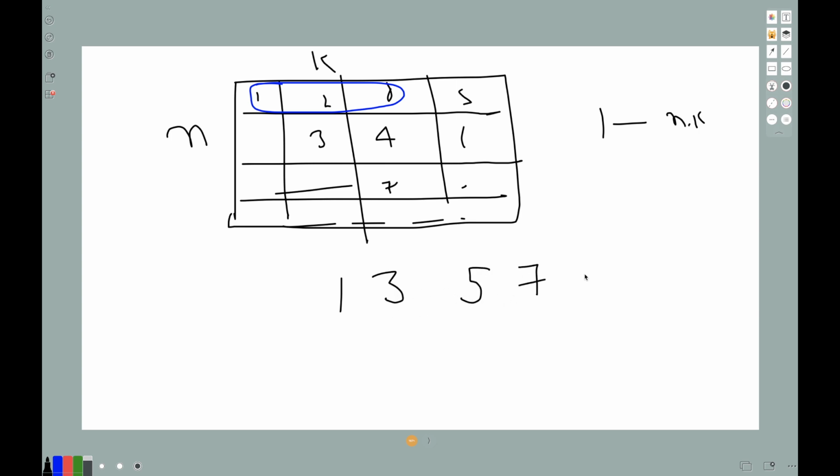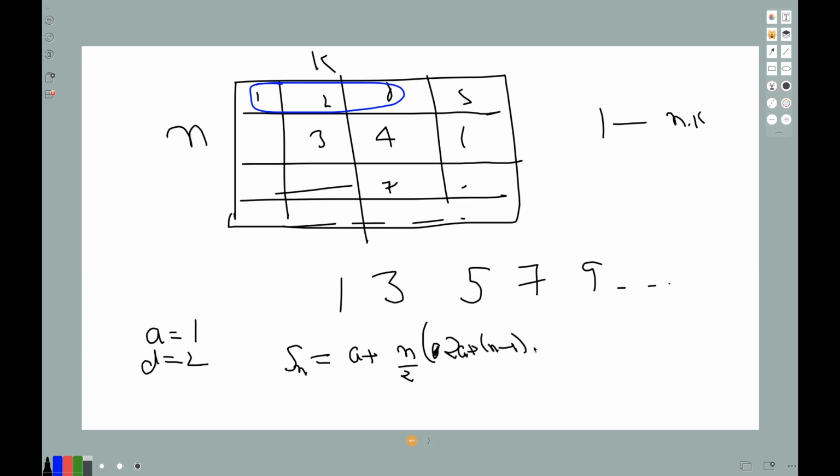So 1, 3, 5, 7, 9, and these alternate numbers have a pretty nice property. So this is an AP where the first term is this, difference is this. If you were to find the sum of first n terms, it would be n by 2 times 2a plus n minus 1 times 2.